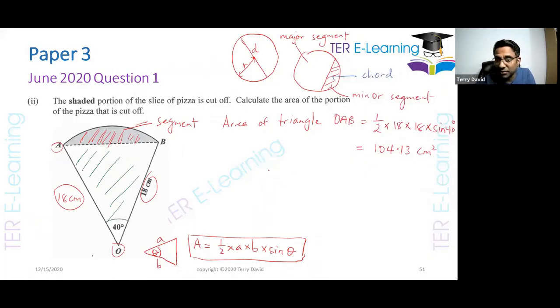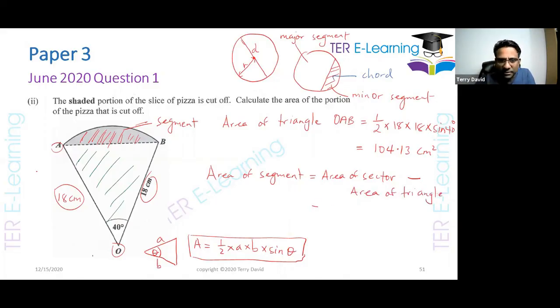So that's a formula we need to know. So the area of the segment is equal to area of sector minus area of triangle.